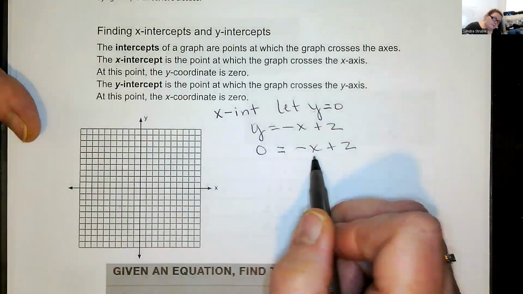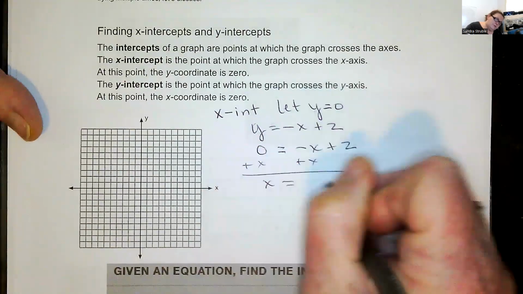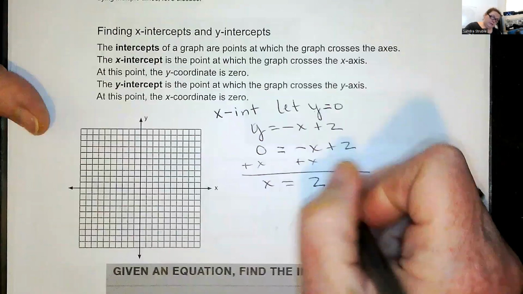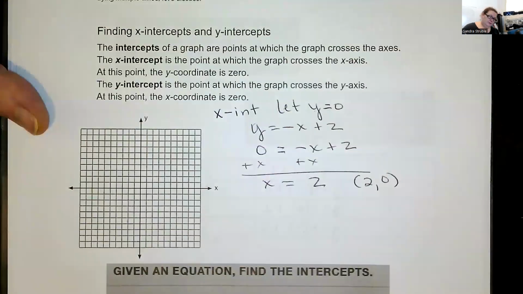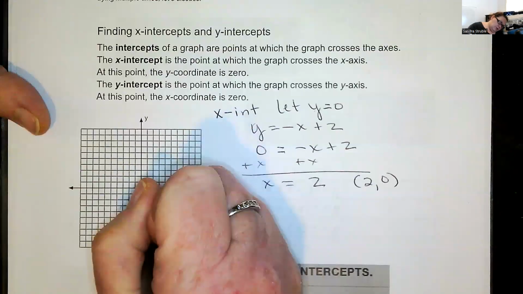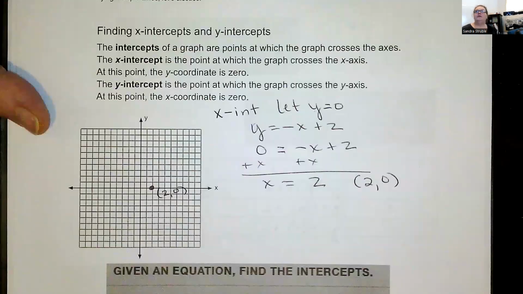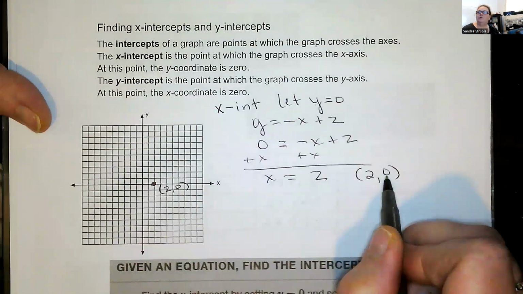Solving for x, adding x to both sides, I get x is equal to 2. All right. So there's my x-intercept, which is also 2, 0. Right there. 2, 0.